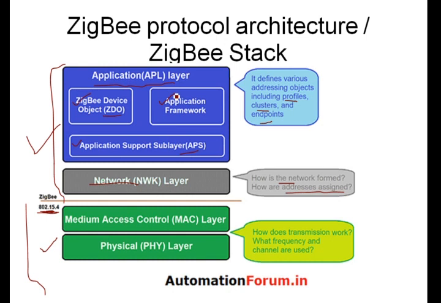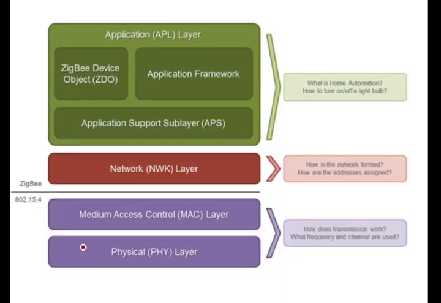While drawing this architecture, you also need to draw 802.15.4, but while explaining, only explain the Zigbee layers, no need to explain 802.15.4. This is one more architecture, whereby you can see the lower layers are of 802.15.4 on which Zigbee has been built.